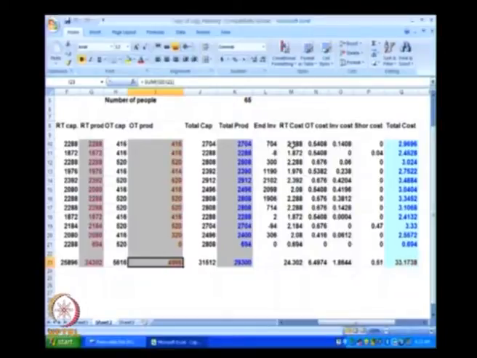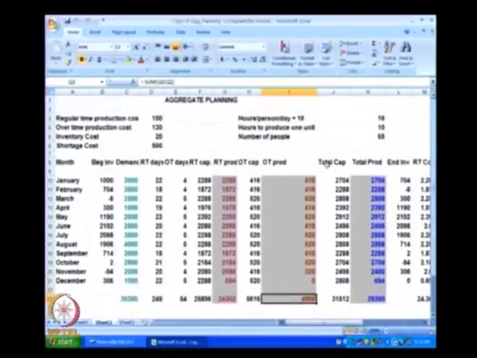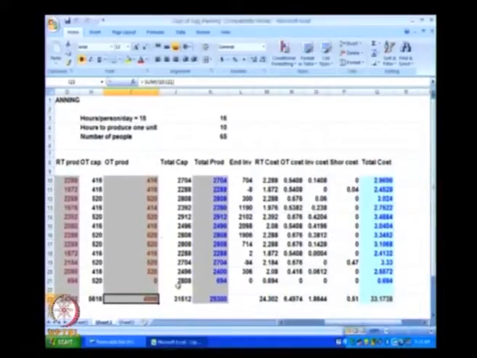We assume that the regular time production cost is rupees 100, so we incur 2.288 lakhs as regular time production cost. We assume that the overtime cost is 130, and to produce 416 units we incur 0.5408 lakhs. We assume that inventory is charged at rupees 20 per unit per month.